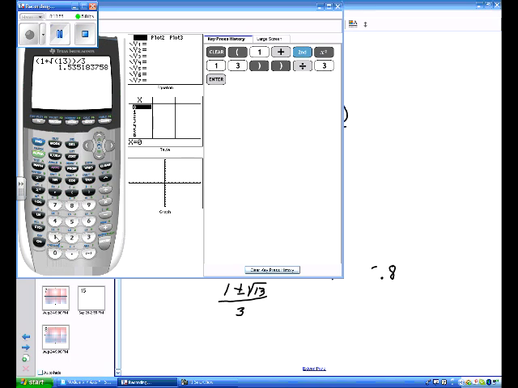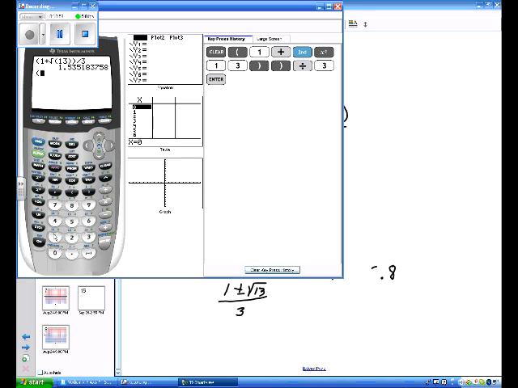And if we went back and we did parentheses 1 minus the square root of 13, close our parentheses, divided by 3, we get negative 0.68. So as you saw, we were a little bit more than 1, and then around negative 0.8, just a little bit less than that as we went through.